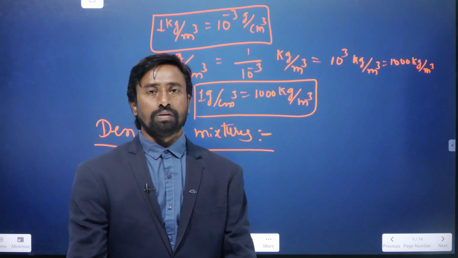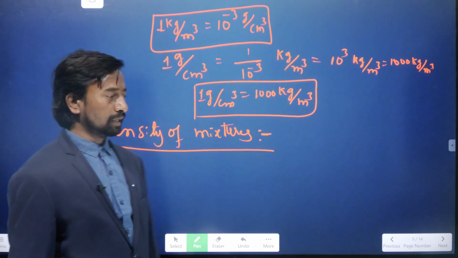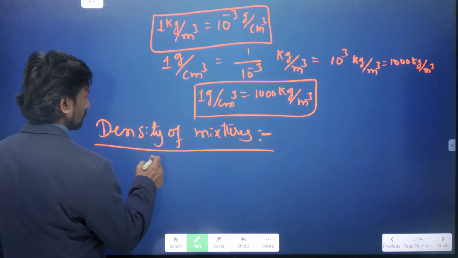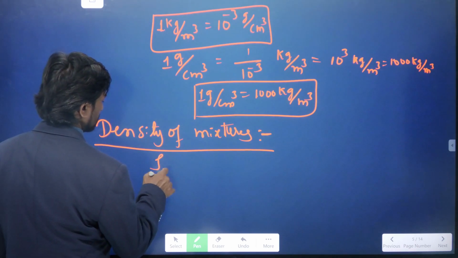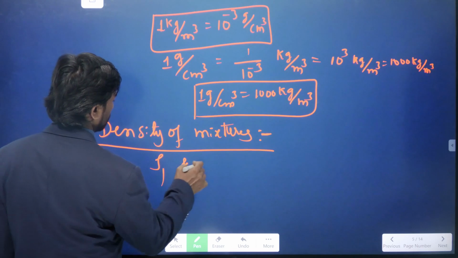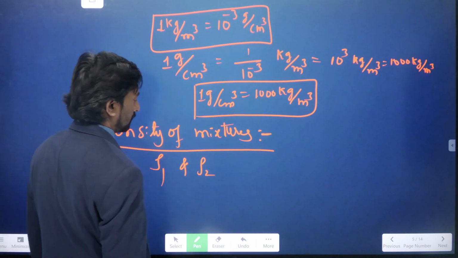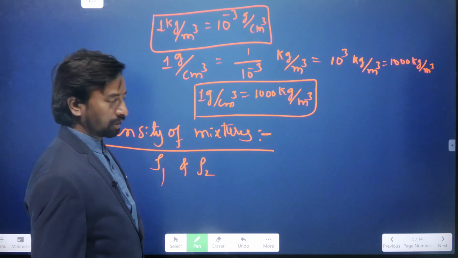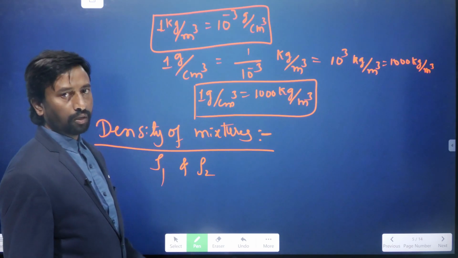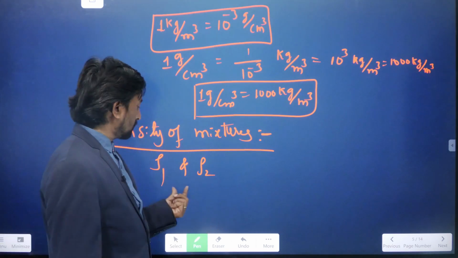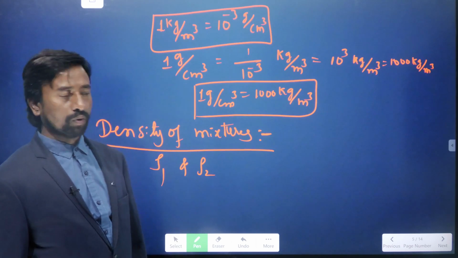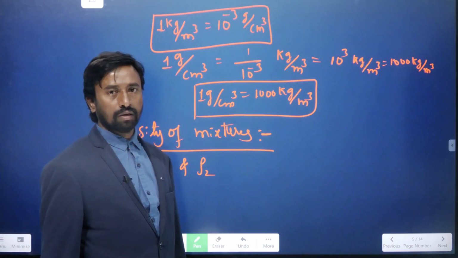So the two substances have densities rho 1 and rho 2, each of which can be written as mass per unit volume. The first substance has a mass and volume, and the second substance also has a mass and volume.